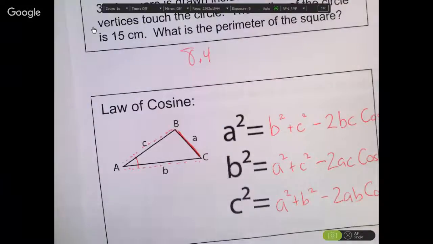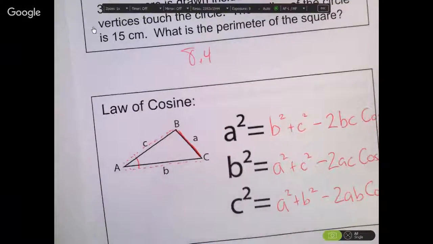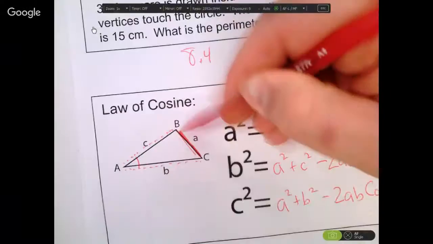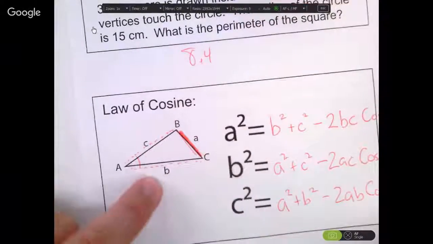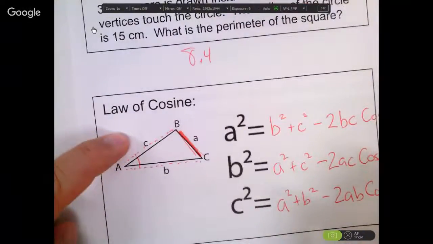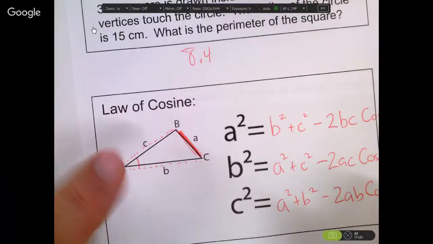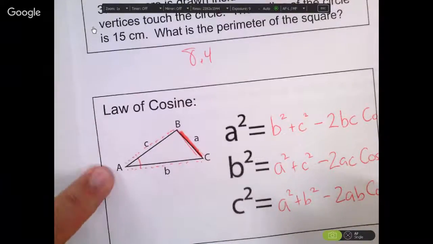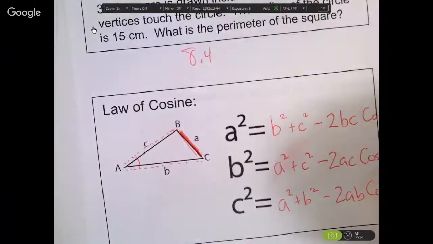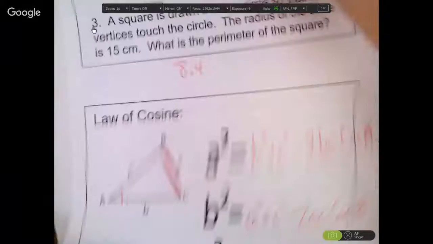So as a visual, to find A, we square, subtract 2 times these times the cosine of that angle. So you don't really have to know these letters as much as what's going on.